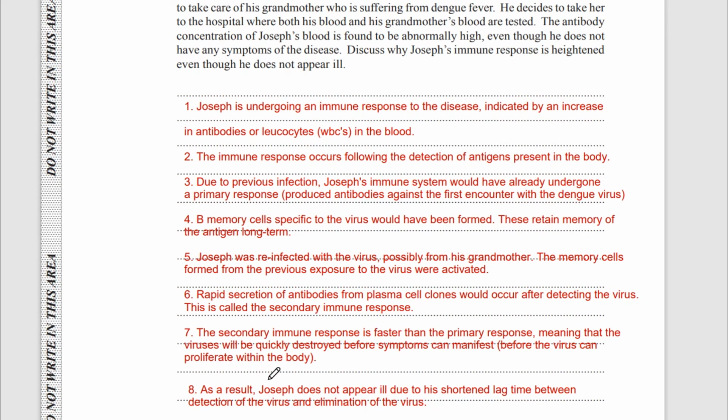So as a result, Joseph does not appear ill due to the shortened lag time between detection of the virus, which is basically when his body detects the antigen, and elimination of the virus, when his white blood cells are actually able to eradicate or get rid of any traces of dengue in his body. So that's why his antibody concentration is high.